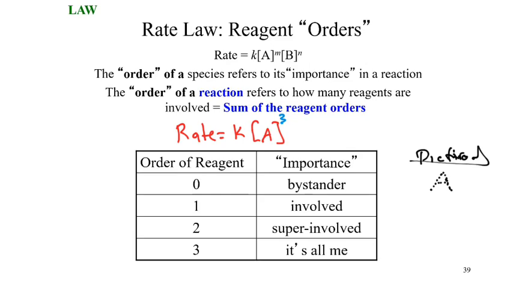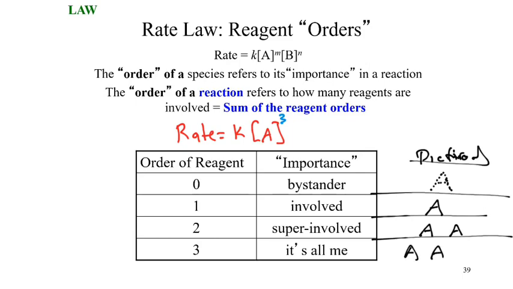If it is involved, we could see A present. If it is super involved, now we're getting effectively 2 A molecules present in our reaction, so some chemistry is happening between 2 molecules versus just between 1. If we move to the third order, we're now saying we need 3 of those molecules involved.